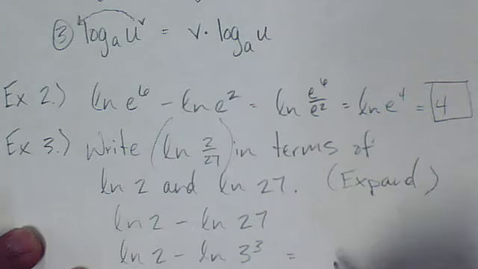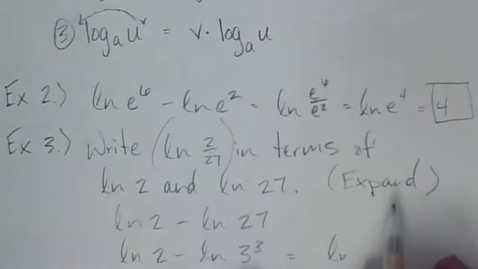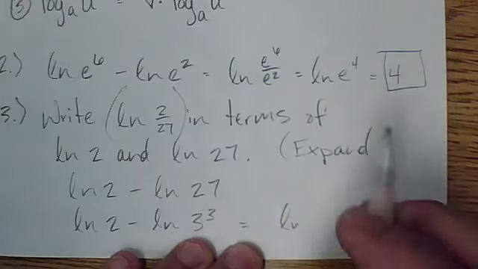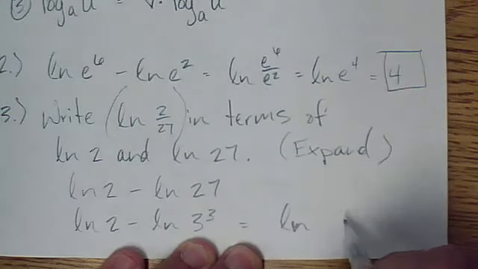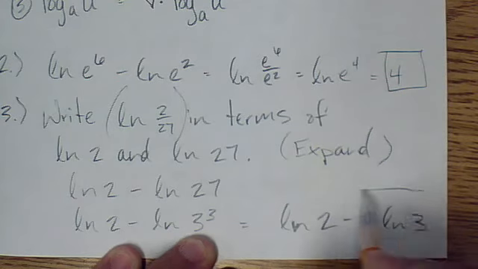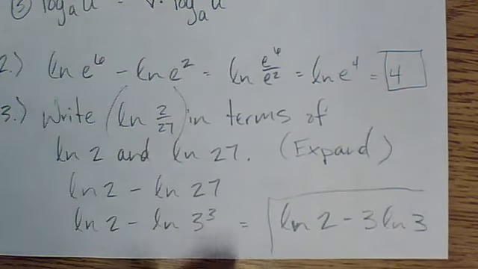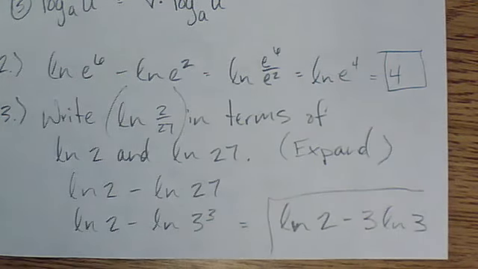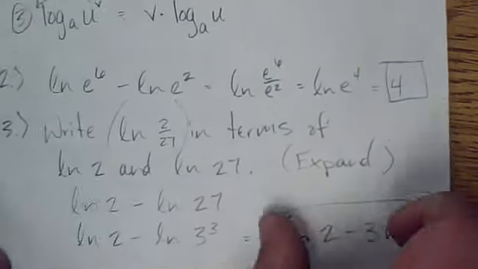I'm going to take this one more and say the natural log of 2 minus 3 natural log of 3. So that would be completely expanded. Let me show you a couple more.